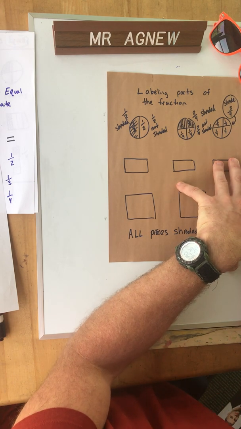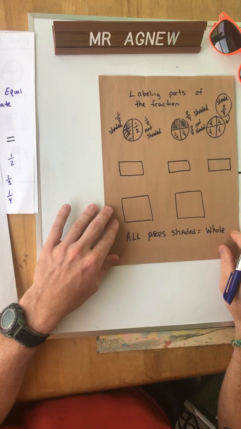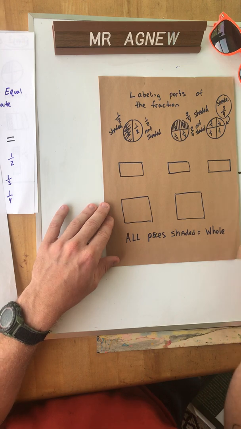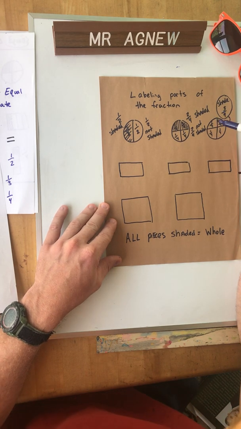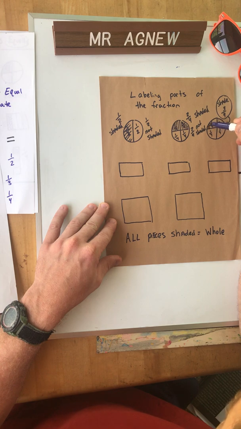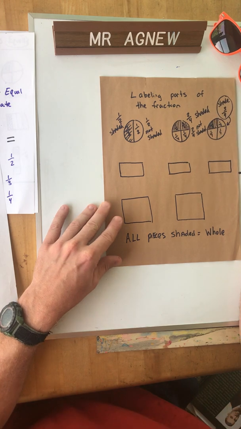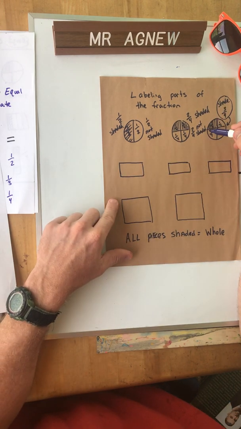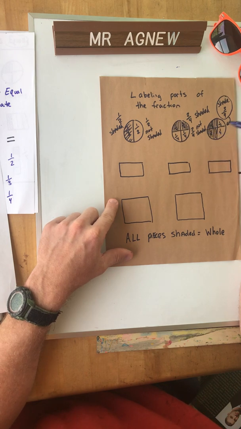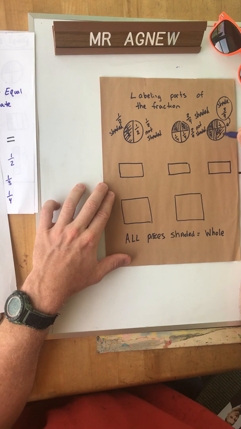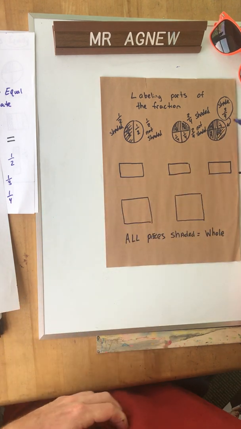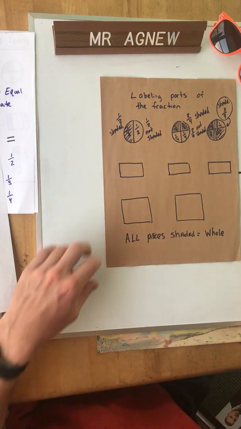Shade 3/4. Pause it. Give you a try. When you're ready, push play back again. I'm going to shade this one. That's 1/4. This one is 2/4. This one is 3/4. So I shaded 3/4.